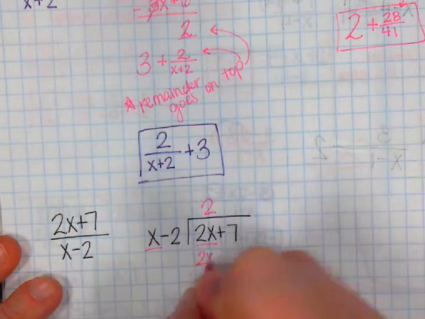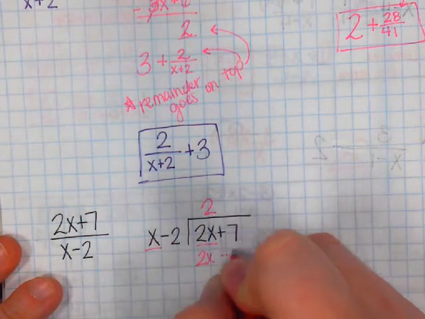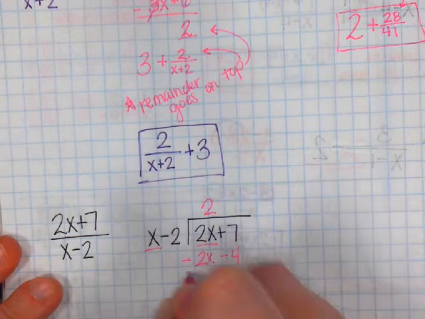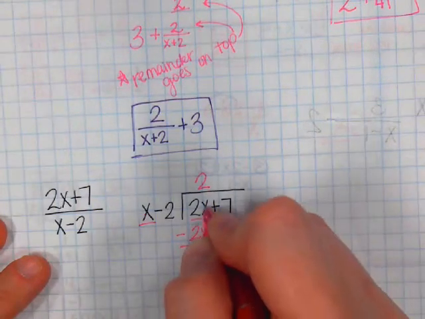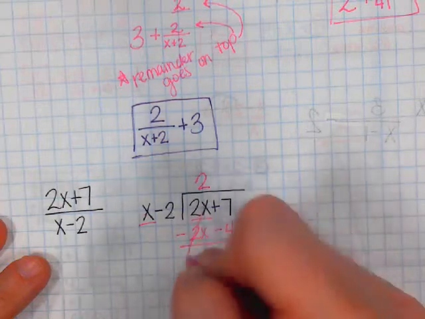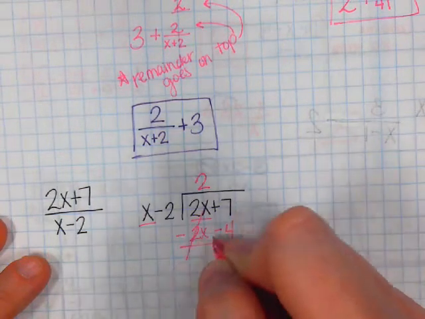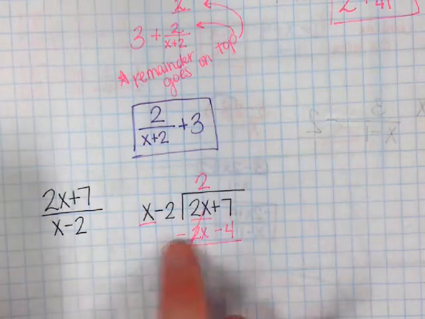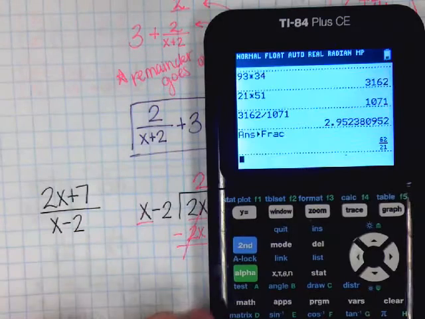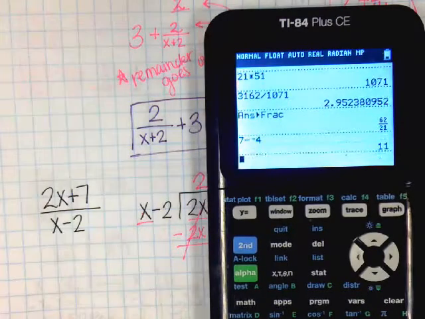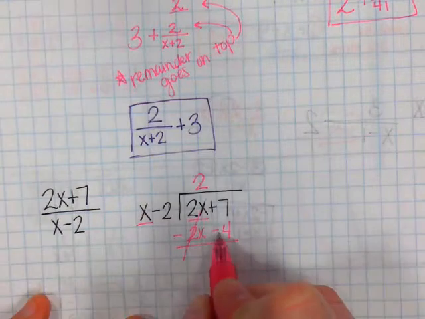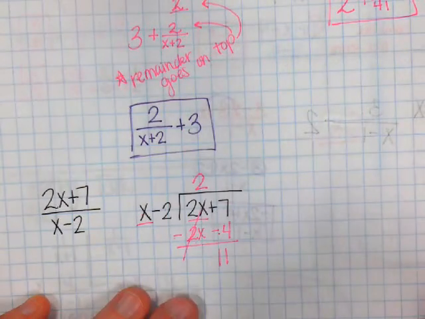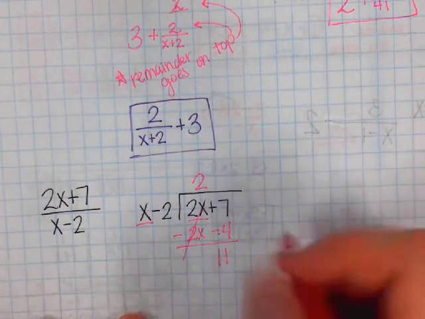So now multiply. 2 times x is 2x. 2 times negative 2 is negative 4. Make sure you subtract both parts. So 2x minus 2x cancels. 7 minus negative 4. Make sure you see that that's minus negative 4. So 7 minus negative 4 is 11, because when you subtract a negative, it's like you're adding.